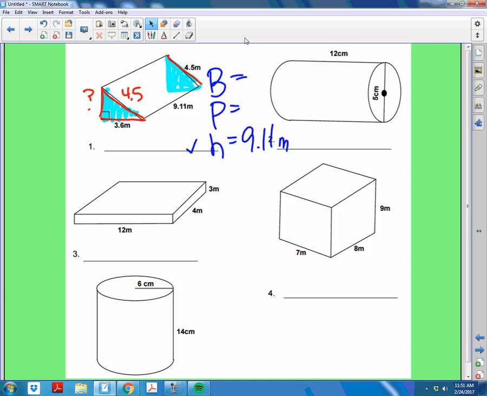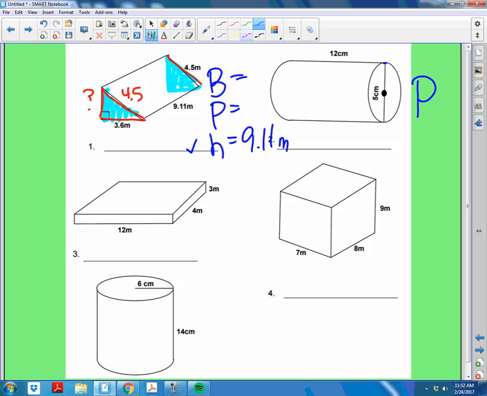Ciara, where are the bases on number 2? The circles on each end, right? By the way, if I'm going to find this for the circle, what is the perimeter of the base of a circle, Hatai? It's the circumference.